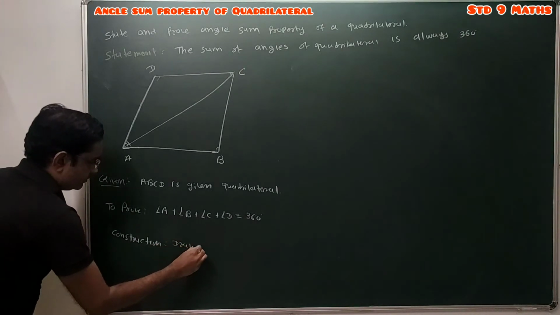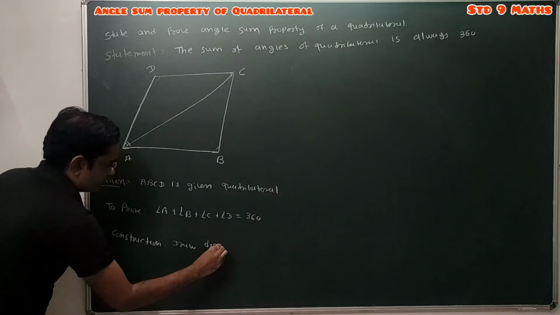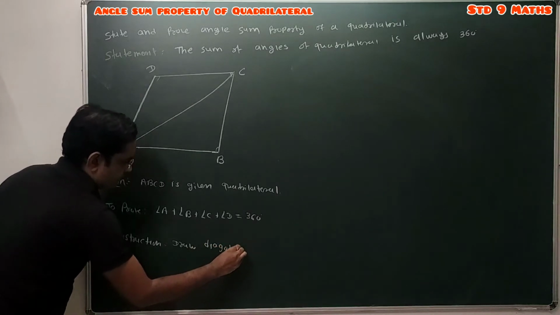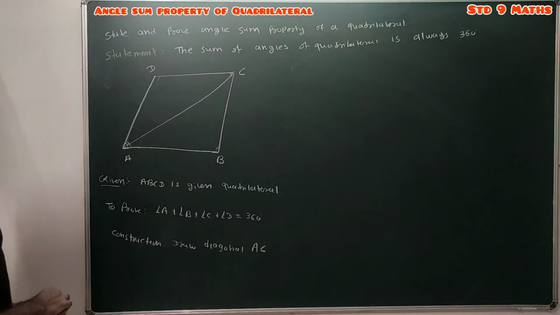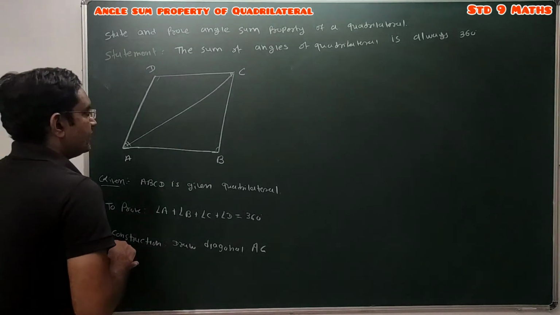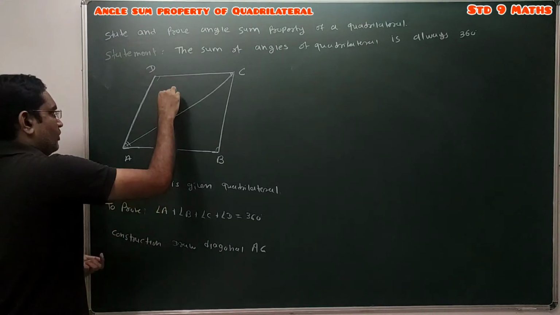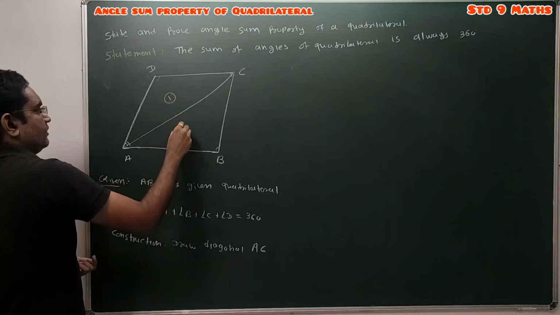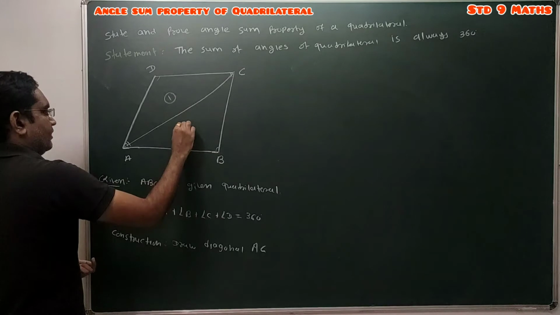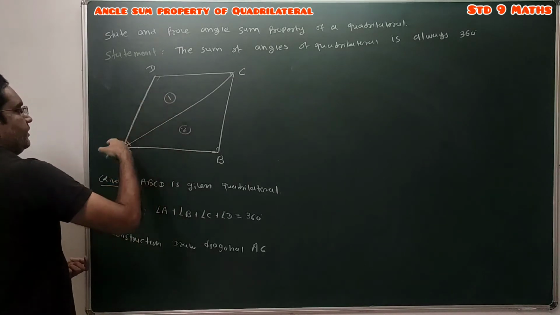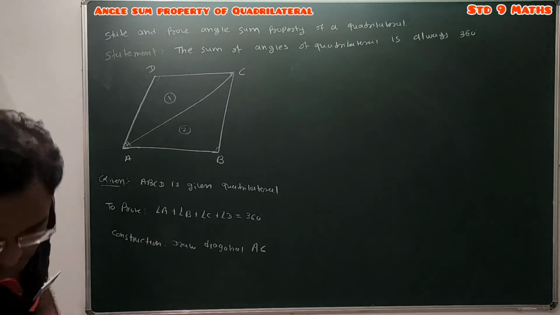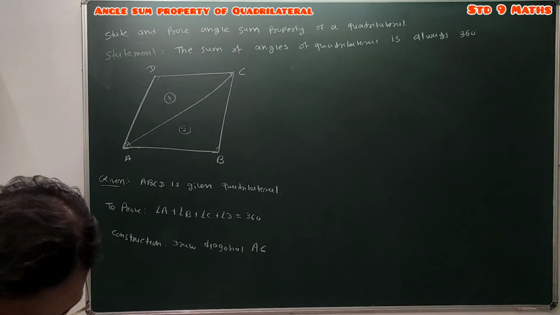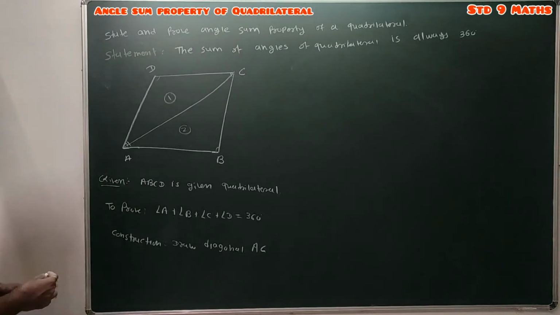This is our construction. Draw diagonal AC. By drawing this diagonal AC, our quadrilateral is now divided into 2 triangles, triangle DAC and triangle ABC.